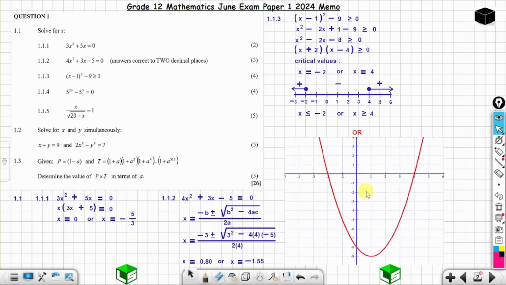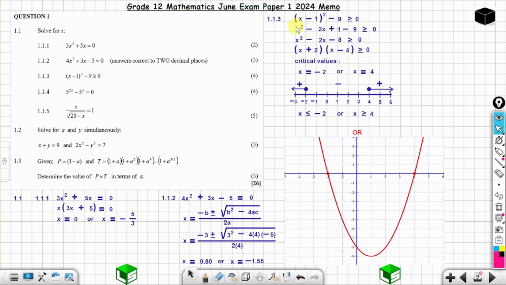You have x is equal to -2, x is equal to 4. A smiling parabola, because the value of a is positive. The value of a is equal to 1.